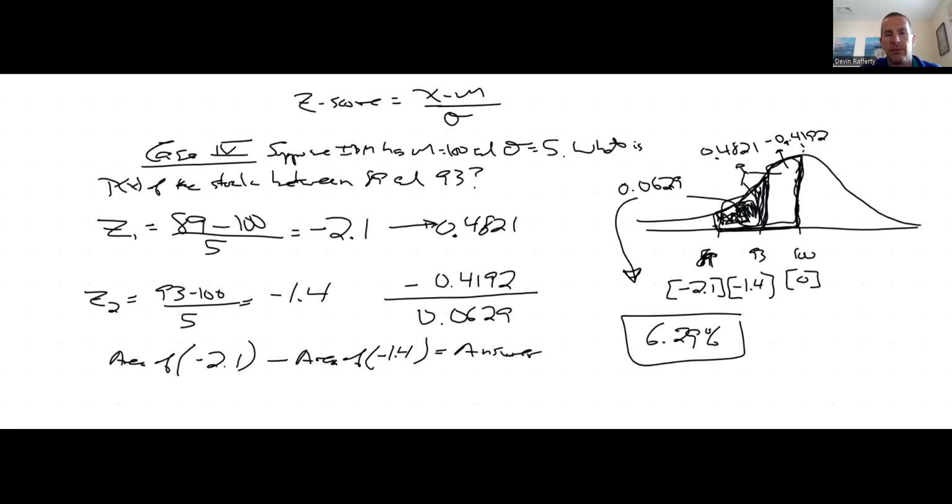And so there's roughly a 6.3% chance that IBM stock will finish the day between $89 and $93 if the average is 100 with a standard deviation of 5.